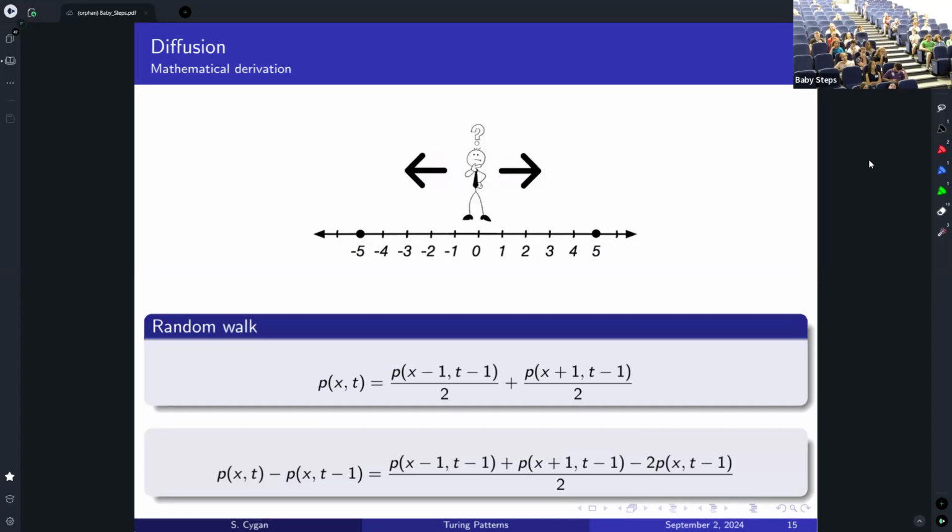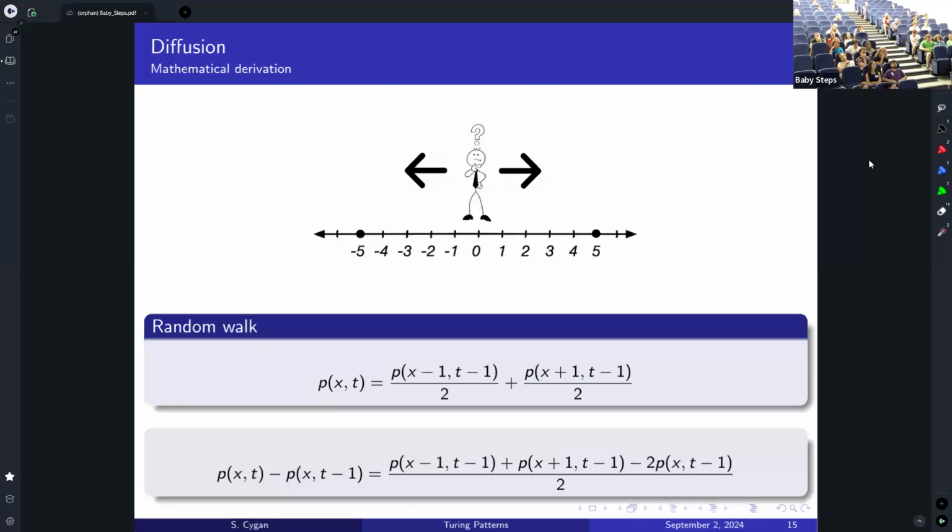So basically, it is exactly this recurrence. The probability that he is at the point X at the time t means that one second before, he was on the left-hand side and made a step to the right with probability 1/2, or he was on the right-hand side and made a step to the left with this probability.